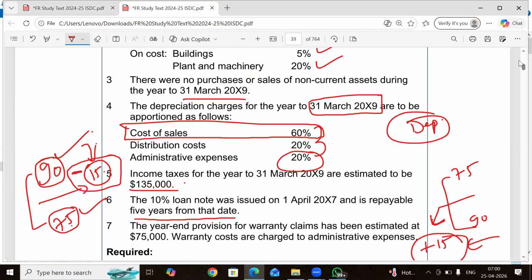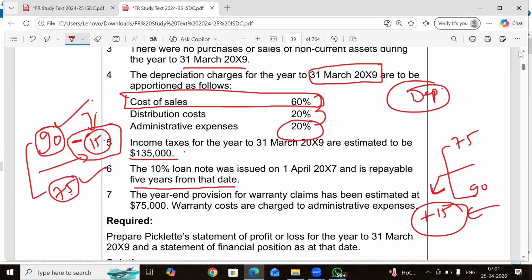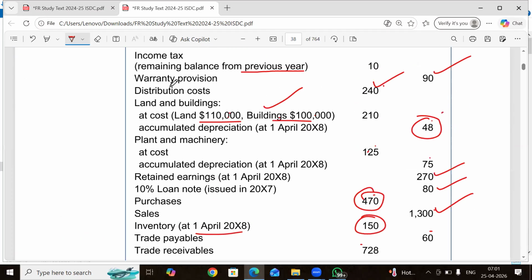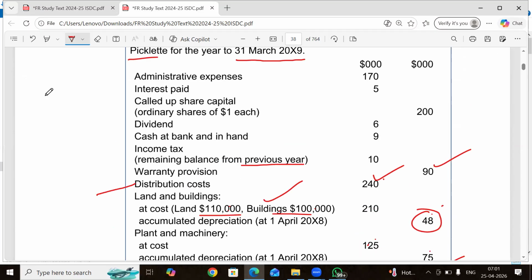And I have already told you about the warranty provisions. Warranty provision, we need to reduce our expenses by 15. We'll put it in administration because no other expenses are given apart from administration. You only have two expenses here, one is distribution and one is administration. These are the two operating expenses.